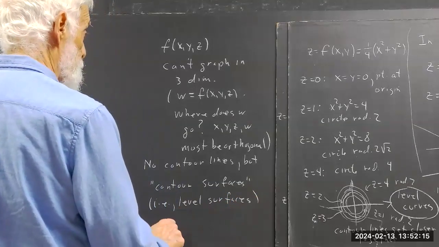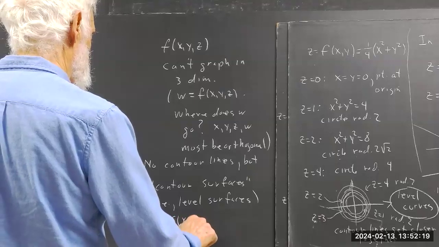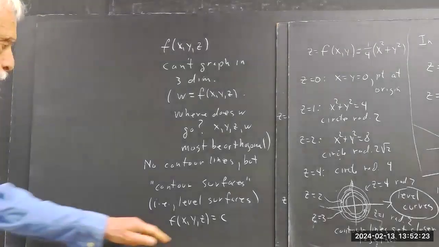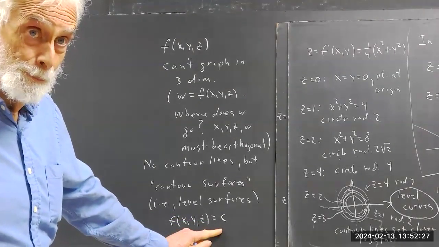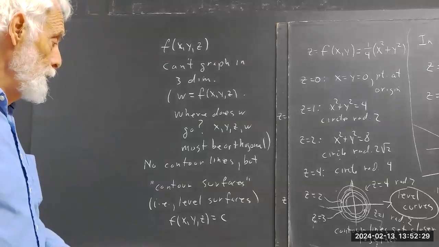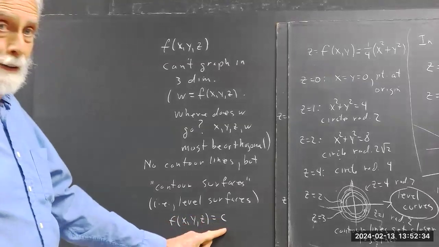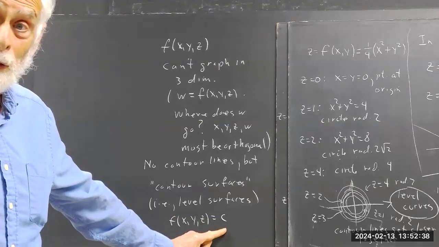These are very important. f of X, Y, Z equals constant C. Okay. If you set x squared plus y squared plus z squared equal to 1, you have a sphere of radius 1.